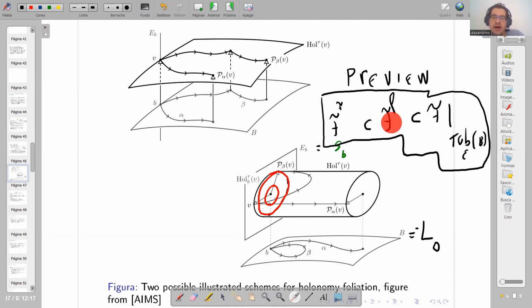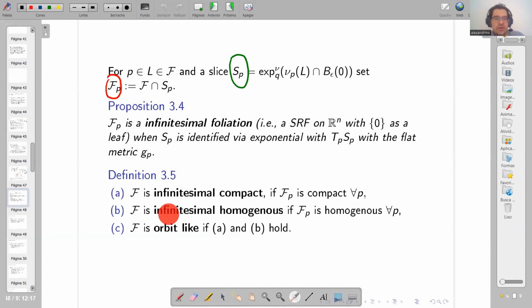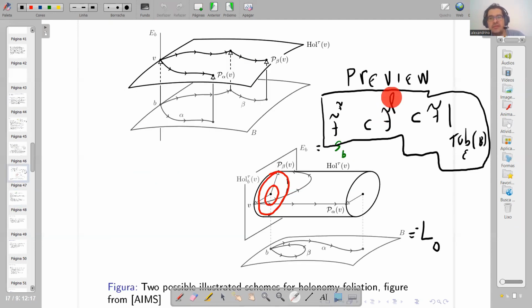This guy is somehow the subfoliation that is the maximal infinitesimal homogeneous foliation. That means this guy will have an infinitesimal foliation that is homogeneous, and any other foliation with this property will be contained here.